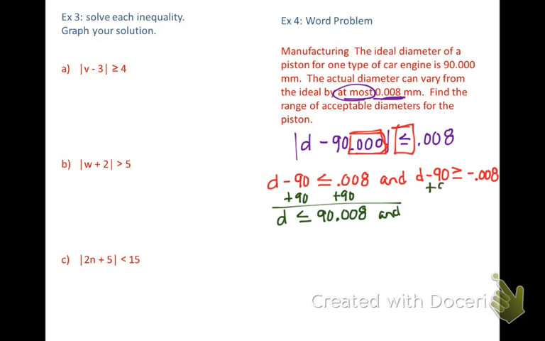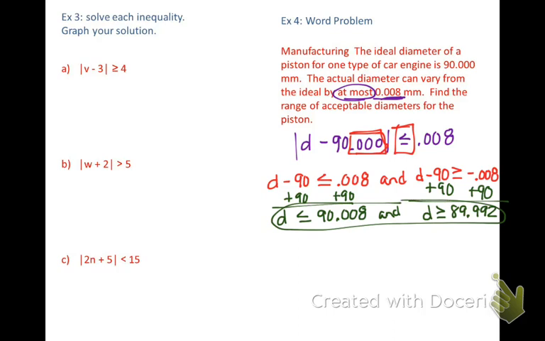And then we add 90 to both sides. D is greater than or equal to 89.992. So since it's the range and it's an and, you can leave it like this if you want to.